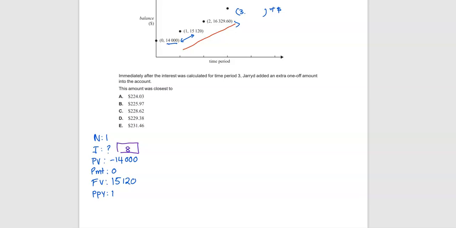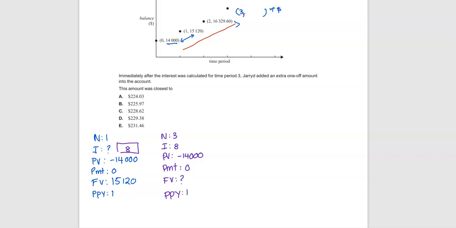I want to find out what happens after 3 time periods. So all right, when it's 3 time periods and the interest rate is 8, and we started at this 14,000 and the payment was 0. We want to know what it's got to, and PPY I'm still just saying is 1. We've done 3 periods.